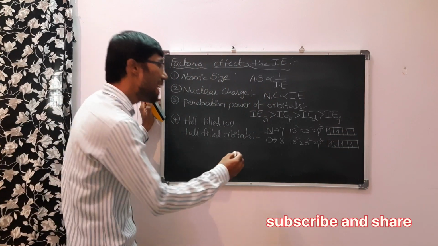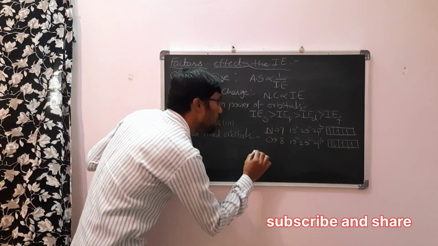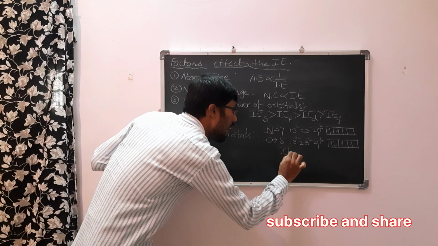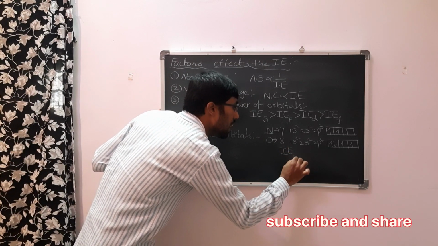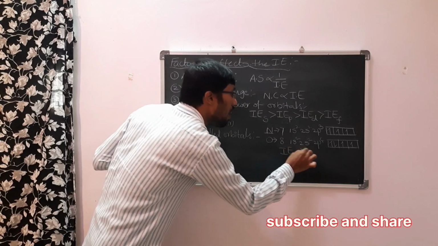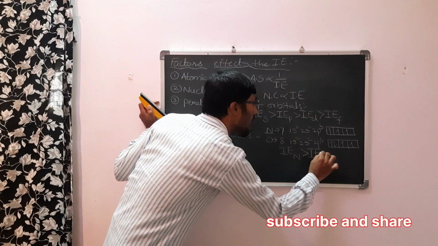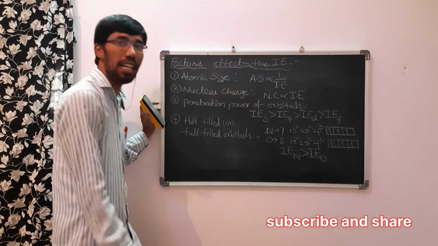The energy required for removal of an electron from the nitrogen atom is always greater than the first ionization energy of the oxygen atom.